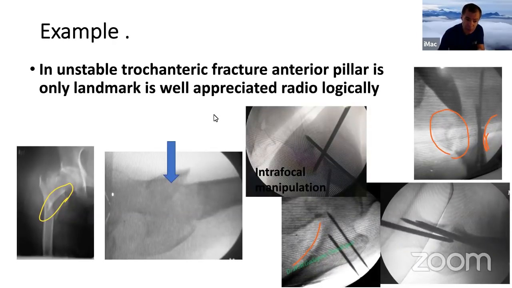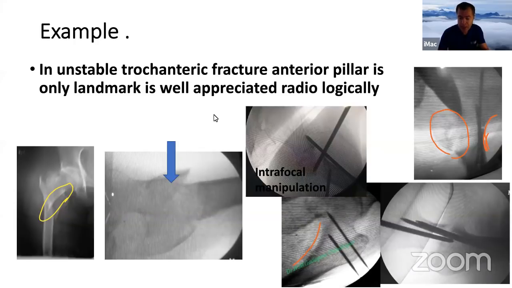And if you see the blue arrow, I pay a lot of attention to this because this means rotation between the proximal fragment and the distal fragment. Every time I see this big spur anterior, it means my fracture can be aligned on the AP, but it's truly in internal or external rotation.